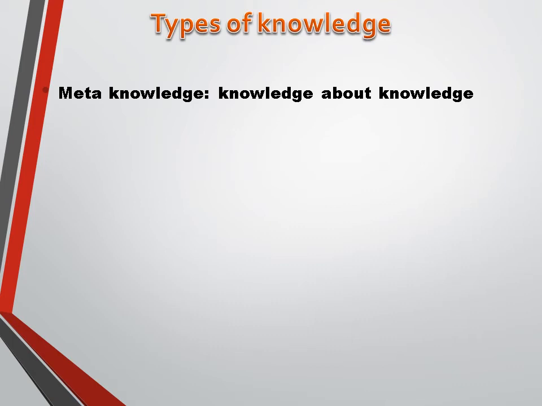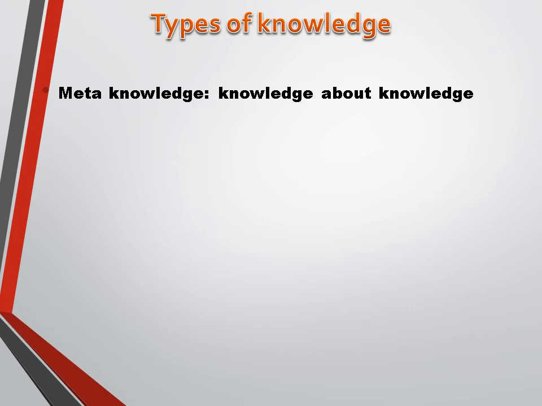Then we can classify it. We know where I'm going to use this particular type of knowledge, what type of results it is going to give me, and what will happen if I lose this knowledge, or what will happen if I add more knowledge to it. So when we know all these things about knowledge, then we say that it is meta knowledge.